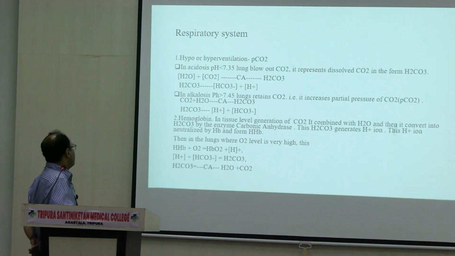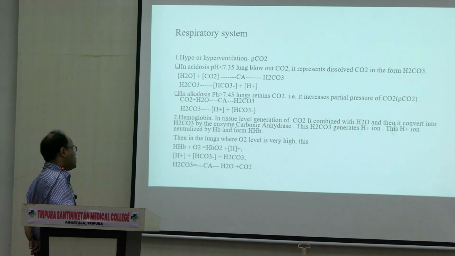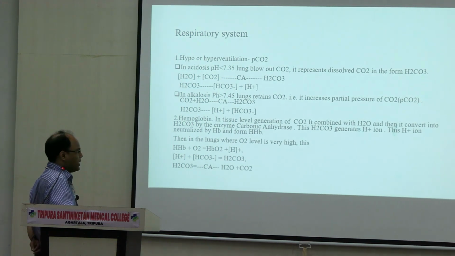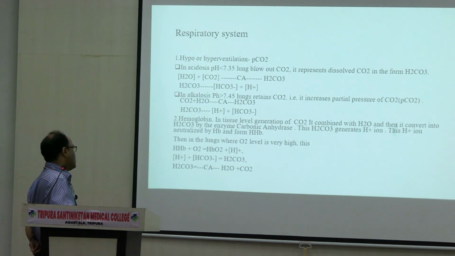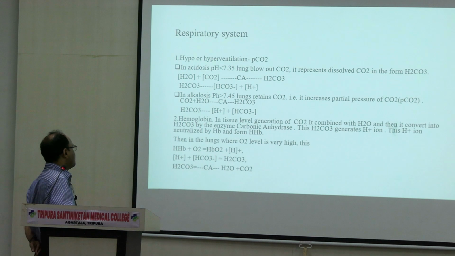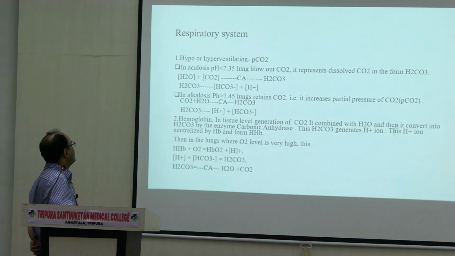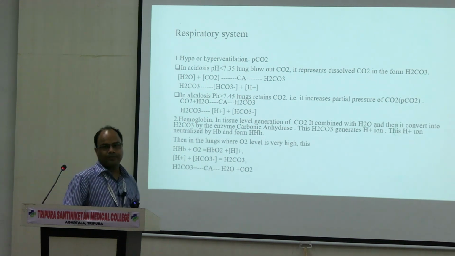So in the lungs, reduced hemoglobin reacts with water and oxygen and forms oxyhemoglobin, and hydrogen ion is released. This hydrogen ion reacts with bicarbonate and forms carbonic acid. Then carbonic acid is broken down with the help of the enzyme carbonic anhydrase and forms water and carbon dioxide. And then carbon dioxide blows out. By this way, hemoglobin helps in the respiratory system.